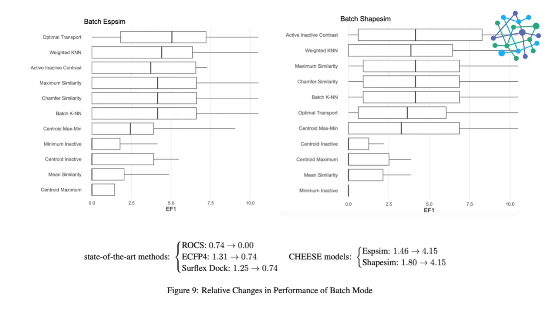And in some cases, it's understandable that it might help a lot to include this set of inactive compounds and then optimize for the joint similarity and dissimilarity. And in case of ESP-Sim, the best performing was optimal transport, which is the most mathematically advanced method how to do set similarity properly using techniques from measure theory and related mathematical fields.